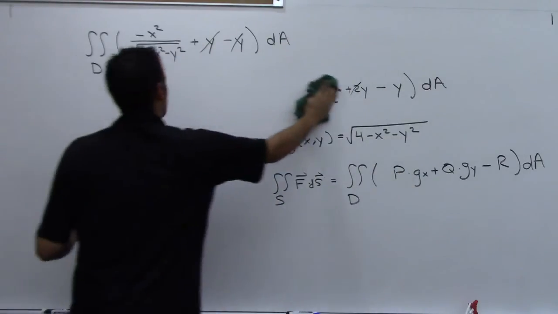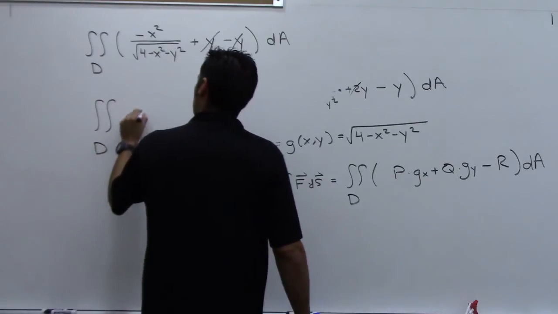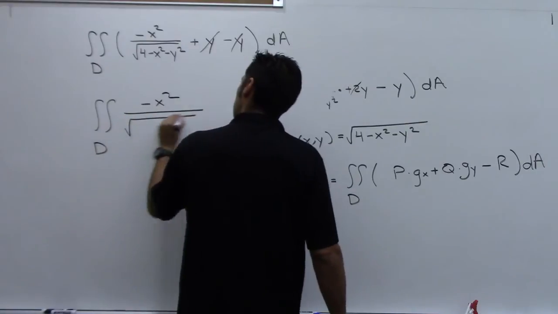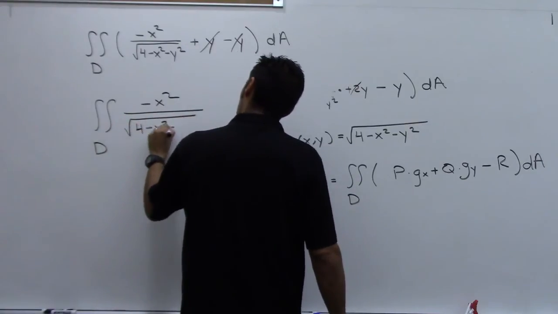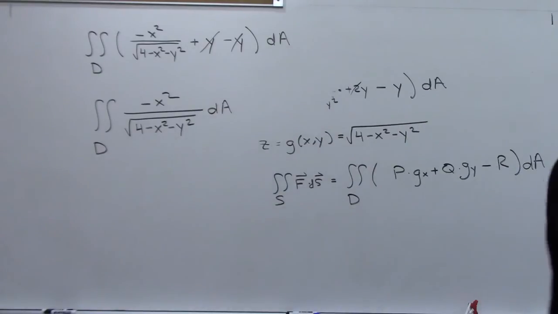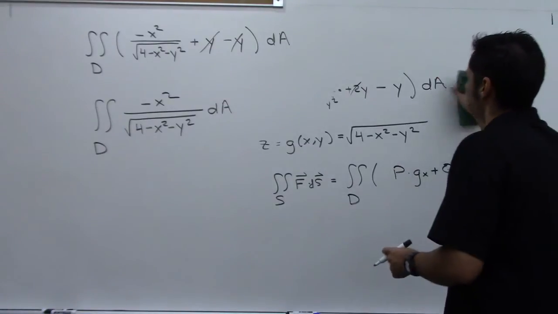And we get the double integral over D, negative x squared over square root 4 minus x squared minus y squared dA. That doesn't seem right, but let me see. Okay, that's good.